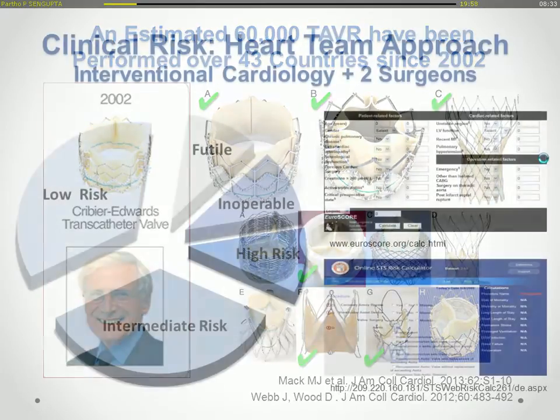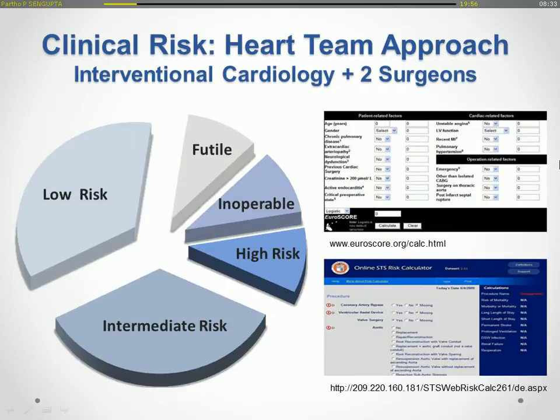And the trials have utilized a systematic approach, which is called the heart team approach, which involves a team of interventional cardiologists and surgeons and imagers, along with social workers, who sit together to understand the risk stratification in a given case. Currently, it is mandatory that each and every patient that is discussed has considerations from an interventional cardiologist and 2 surgeons who go through the scenarios in a given case and use the risk stratification schemes.